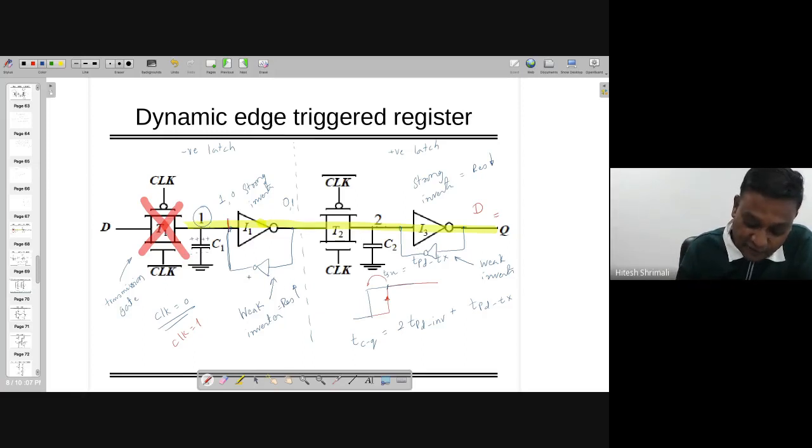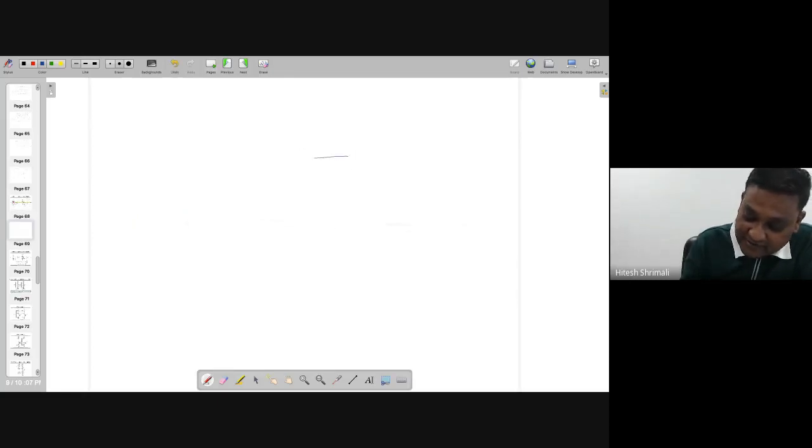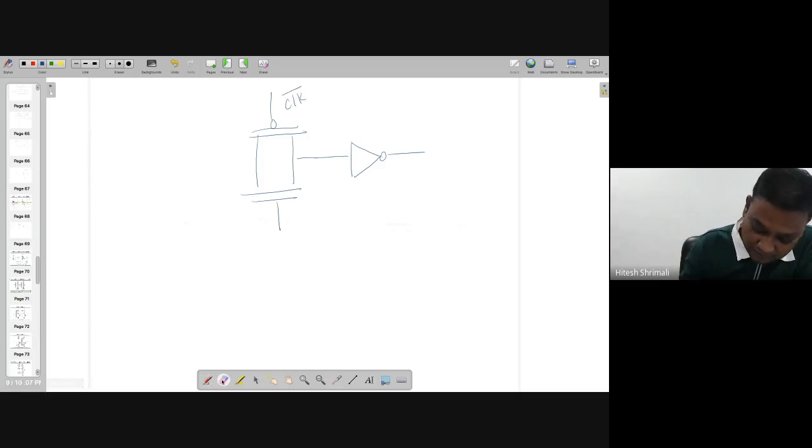That's why we are doing all this, and it depends on the impedance looking at a particular side. Notably, the capacitors C1 and C2 taken over here are taken with the fact that this side is an inverter, and this side I'm taking as a transmission gate.